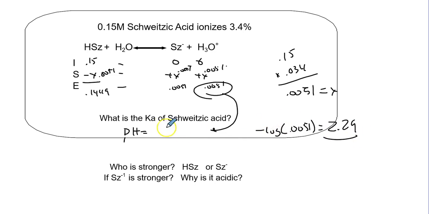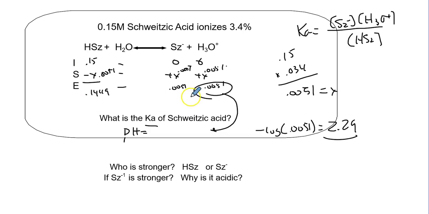Okay, what's the Ka value of this acid? So remember, any time we want a Ka value, I need to write my expression. So let's do that right here. The Ka equals the concentration of SZ negative, schweitzic, H3O plus, over HSZ, which means I need to fill this table, which I did.